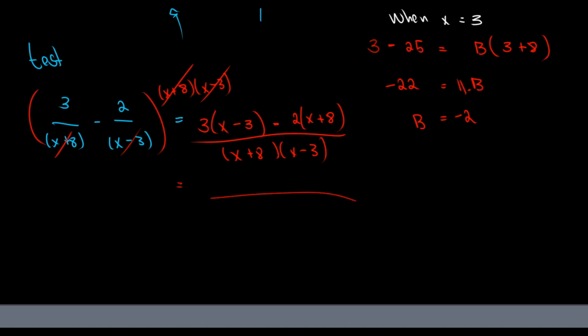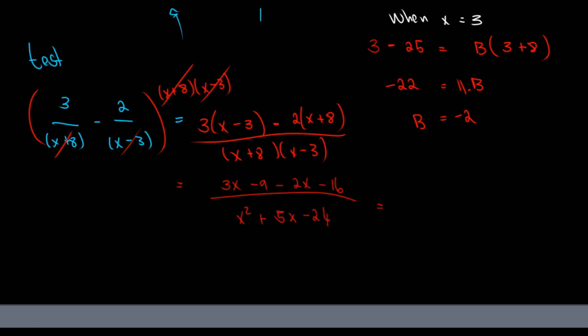So it's going to give me 3x minus 9 minus 2x minus 16, over, using the FOIL method, x squared plus 8x minus 3x, that's 5x, minus 24.